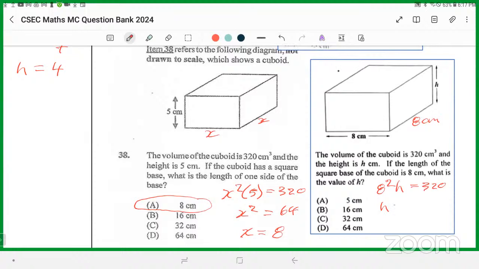So the height is equal to 320 over 64. If you cancel that down, divide this by 8, for example, and divide that by 8, it's going to cancel all the way down to 5. All right, that is it.